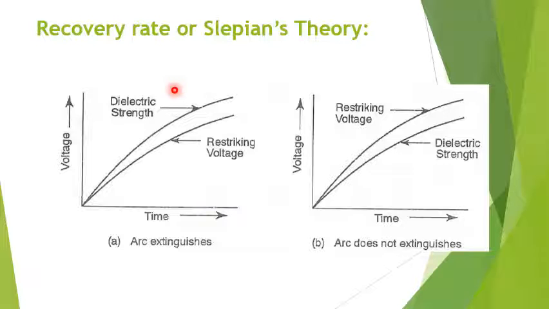If the dielectric strength increases more rapidly than the restriking voltage, then the arc can be extinguished. If the restriking voltage rises more rapidly than the dielectric strength, then the arc cannot be quenched and will still persist. So it depends upon the dielectric strength of the medium present between the gap.